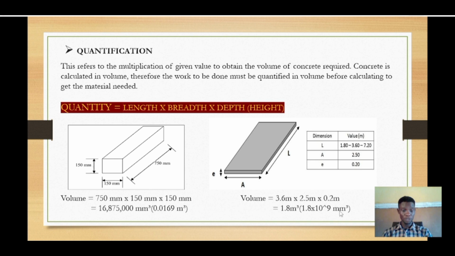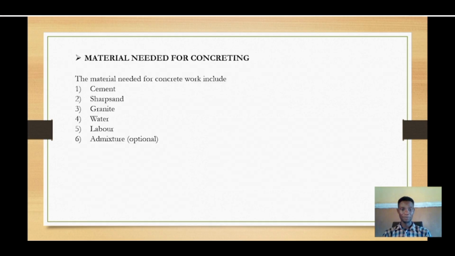Depending on what you're using, you can convert to cubic feet or cubic inch, but in this part of the world, what we are used to is meter cube, millimeter cube, and sometimes centimeter cube. So that's about the quantification. You do your quantification in volume: you multiply the length, the breadth, and the height.